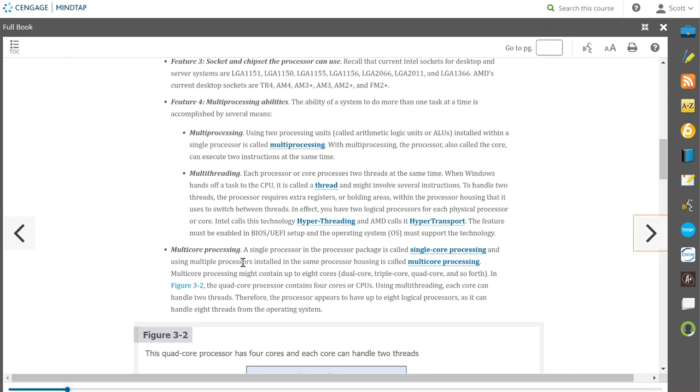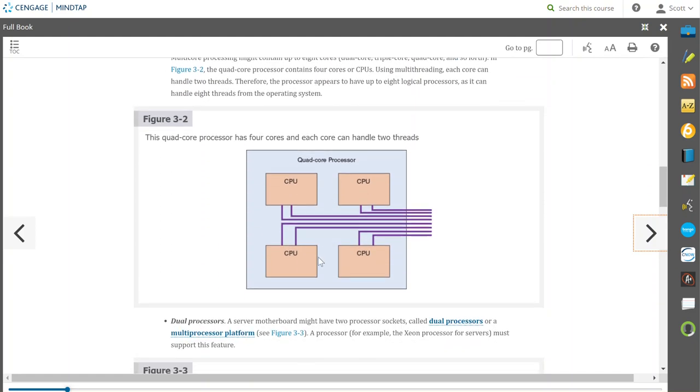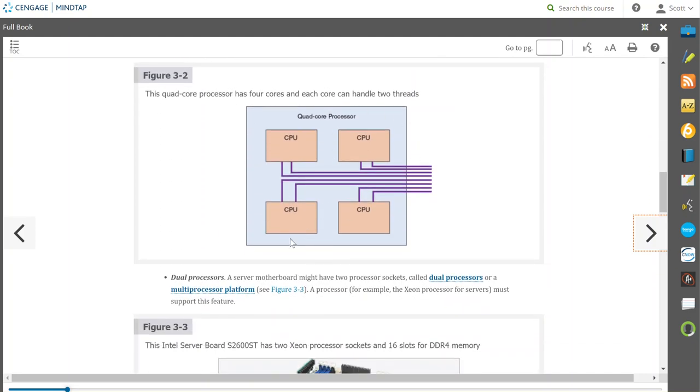Now, that same housing that it looks like just a normal processor could have more than one core in it, meaning there's other processors associated with it. Now, here's an example. Here's the footprint that we see that plugs into the socket. Within it, we have different CPUs built into the processor.